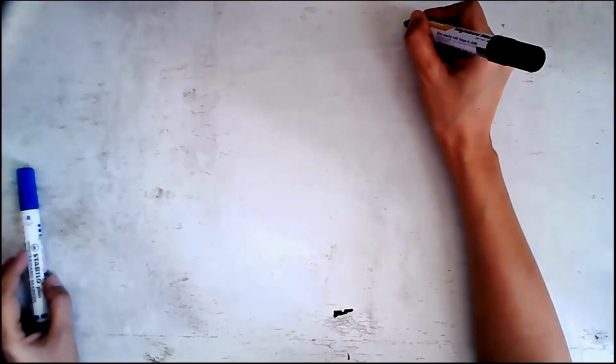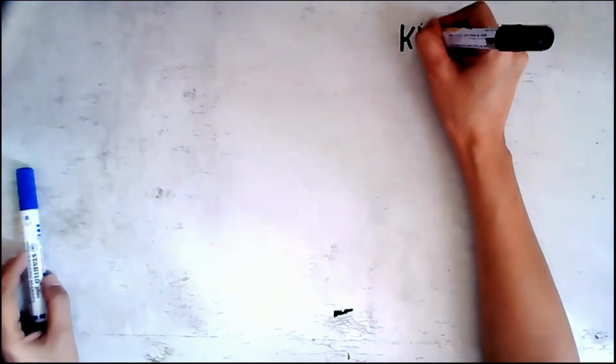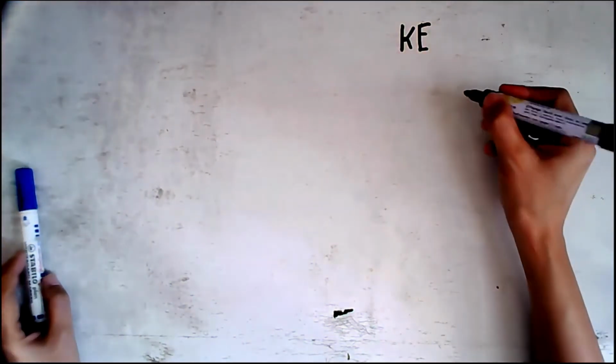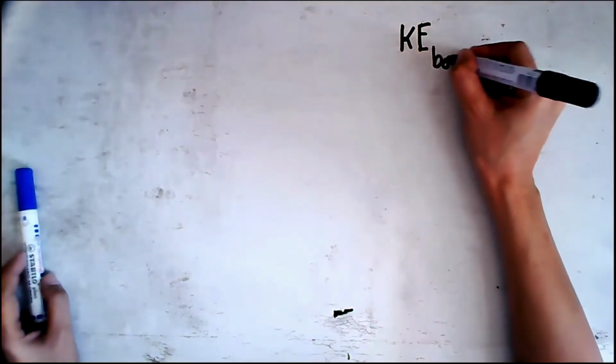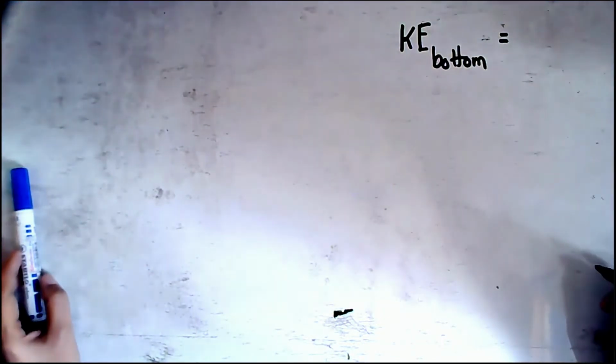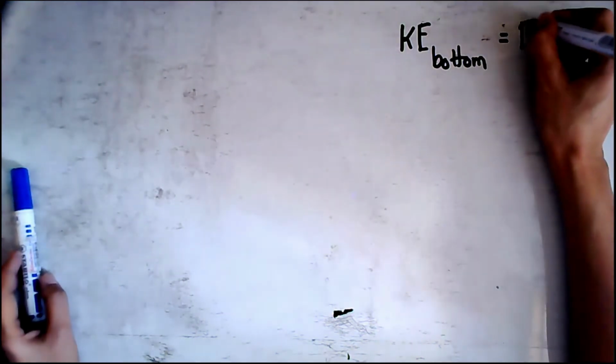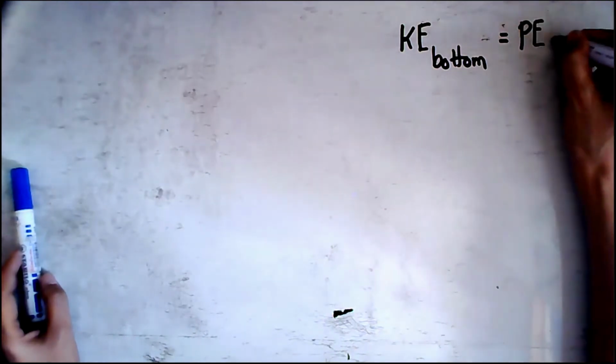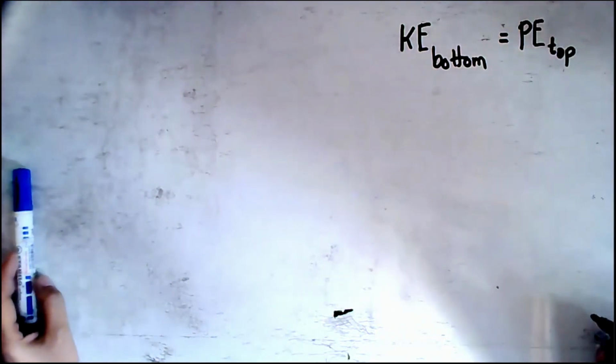According to our problem, the water shoots straight up a distance of 2.5 meters. So there is kinetic and potential energy in this condition. The kinetic energy at the bottom of the hose should be equal to the potential energy at the top of the hose.